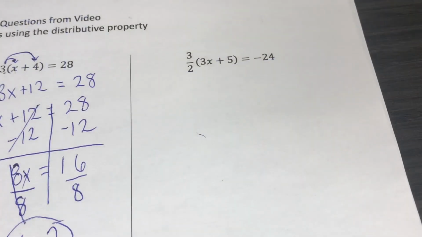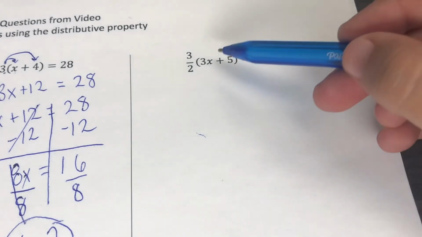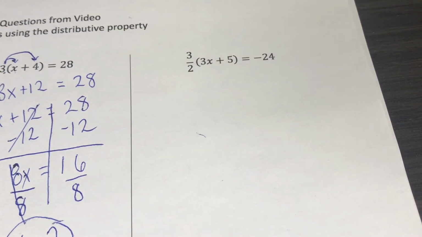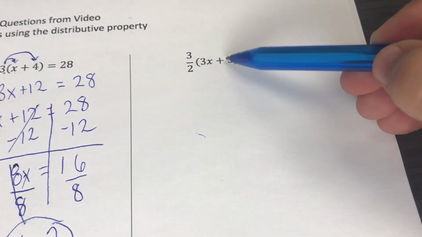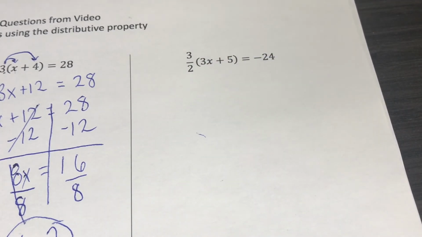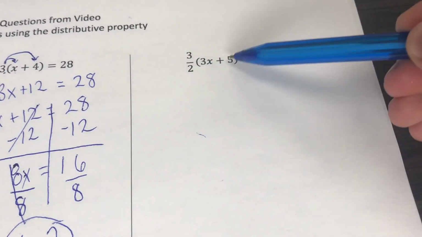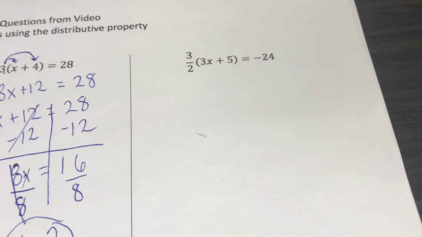Our last example says 3/2 times 3x plus 5 equals negative 24, and our goal is to solve for this x. Well, again, we use distributive property when we can't add what's inside the parentheses. We cannot add 3x plus 5 because they're not like terms.